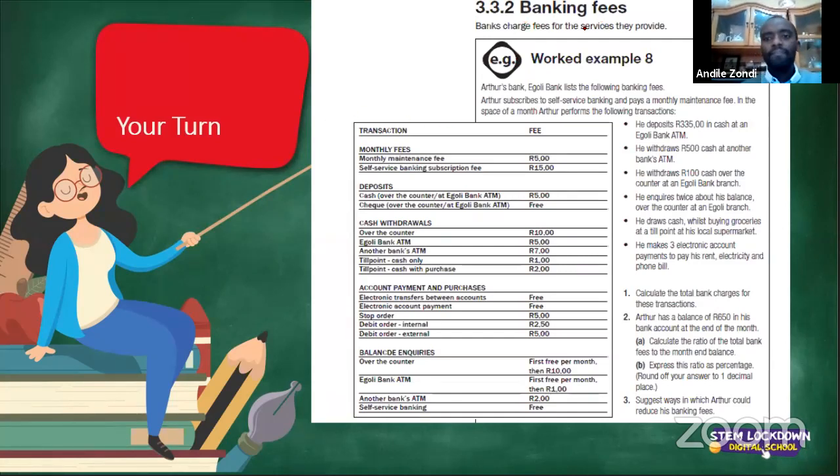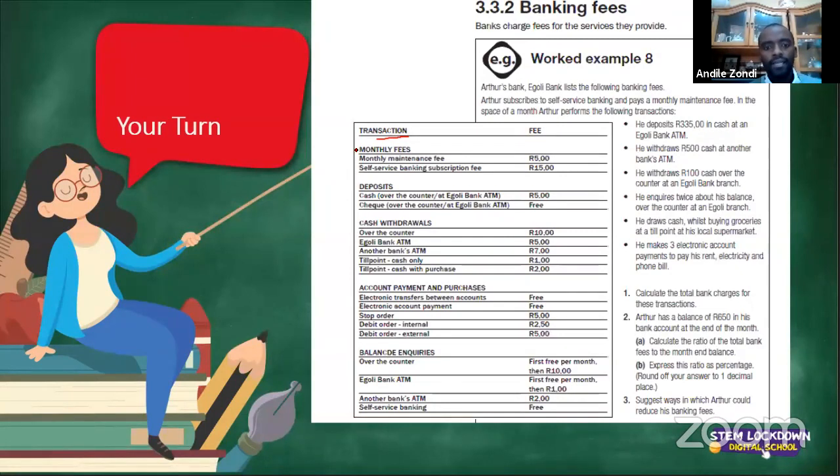Here, bank fees. Banks charge fees for the service they provide. This is the table which they use to calculate bank charges. On the left column, you have the transaction, and on your right, you have fees.